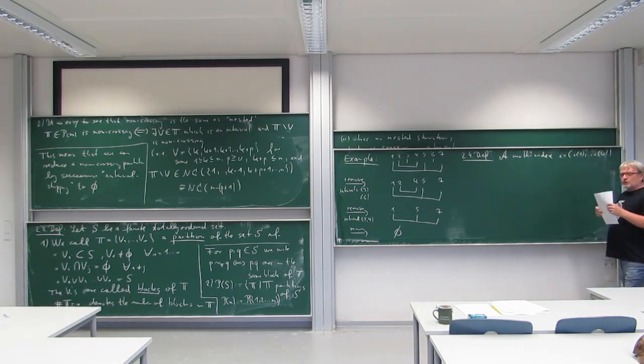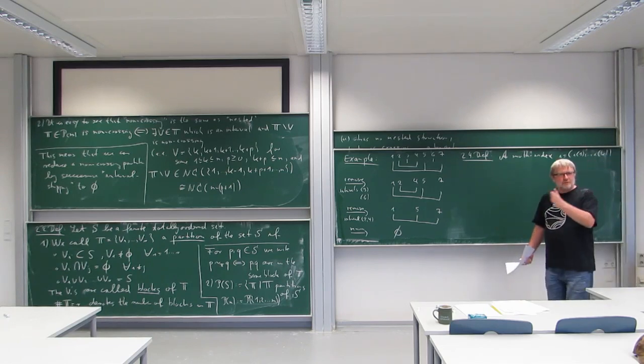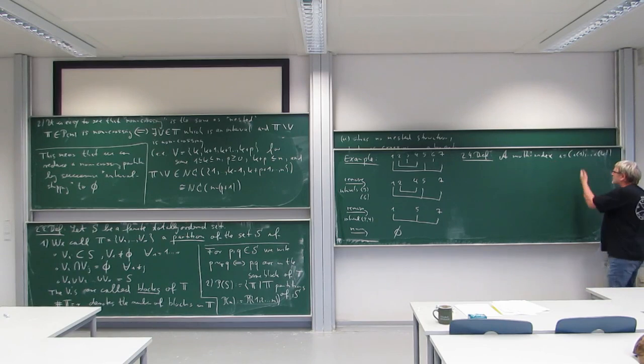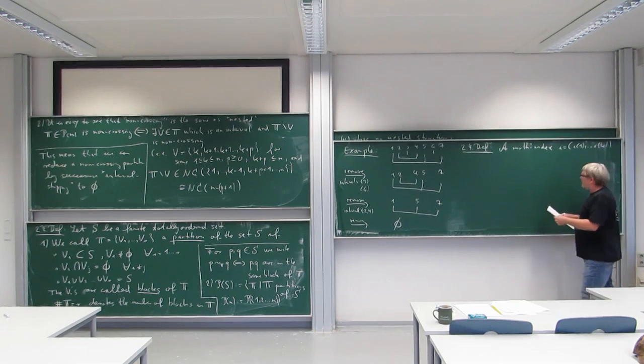This usually comes from the situation where I'm looking at a product a1 up to ak, and the elements aj are coming from one of the algebras. And here I'm recording from which algebra they are coming. So this is a k-tuple. i1 is the algebra from which the first element comes, i2 is the algebra from which the second element comes, and so on. Okay, so that's the crucial information.